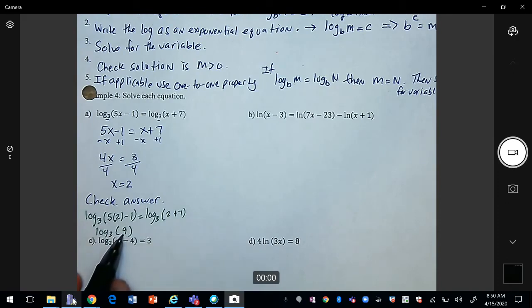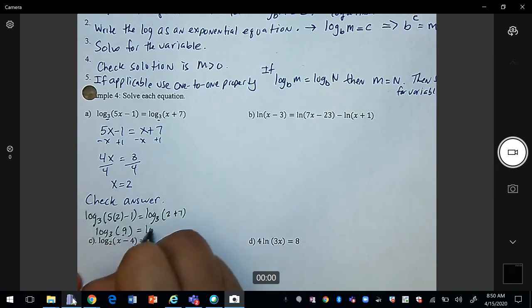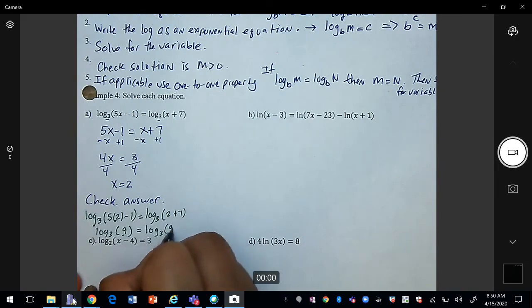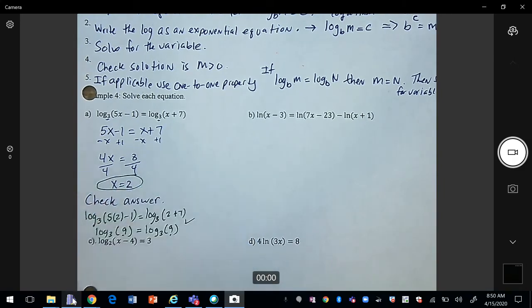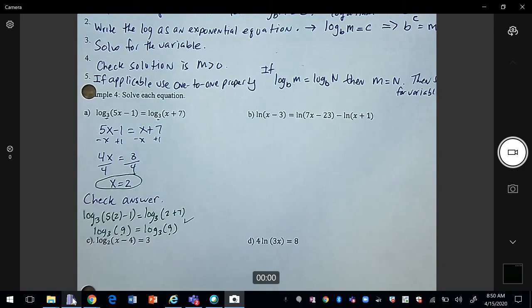Notice that the 9 is positive, so we're good there. And 2 plus 7 is 9, so here again, we get it to be positive. So that means that x equals 2 is the solution. Okay, let's look at the next example.